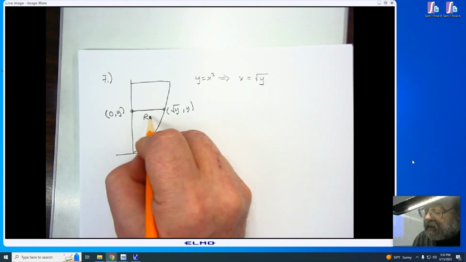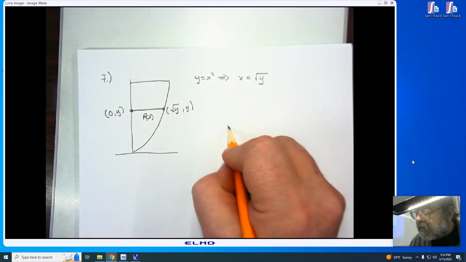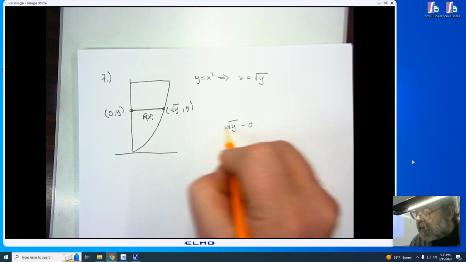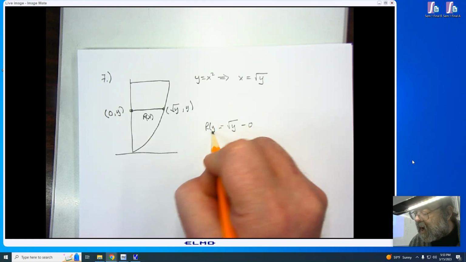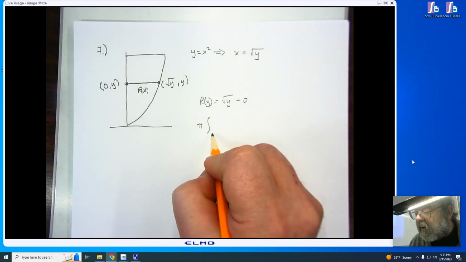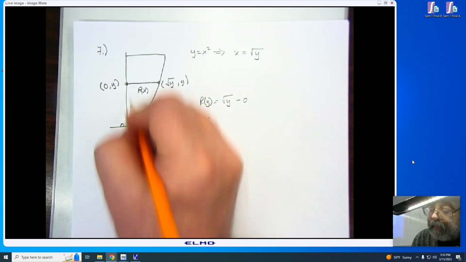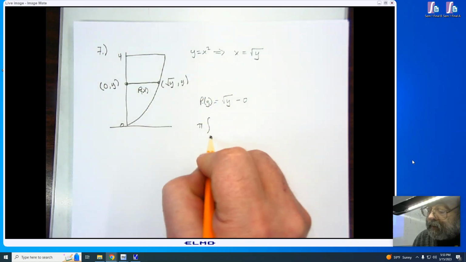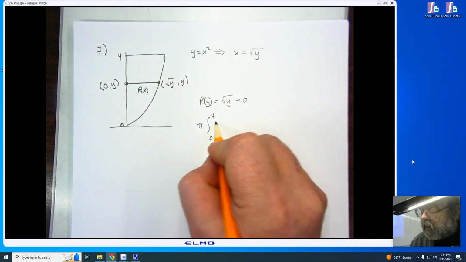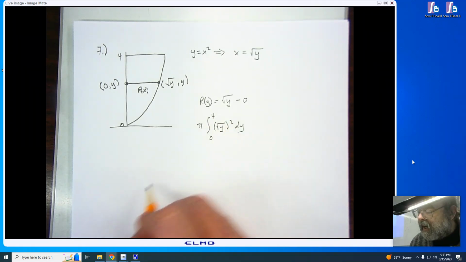And our r of y is the right minus the left. So the square root of y minus 0 equals our r of y. So we have the integration times pi, and once again, we're going from 0 to 4. So 0 to 4, we're going to put in square root of y, the quantity squared, dy.